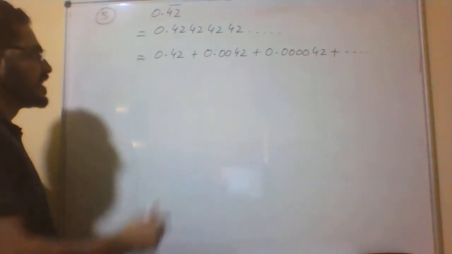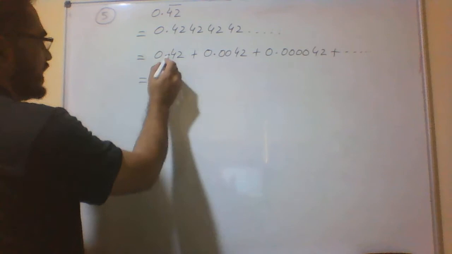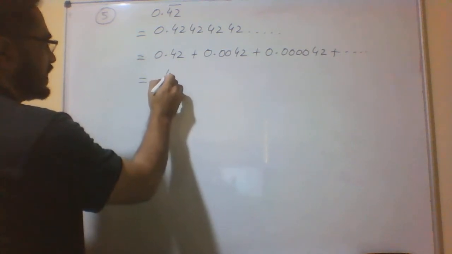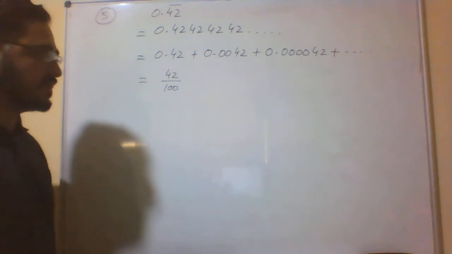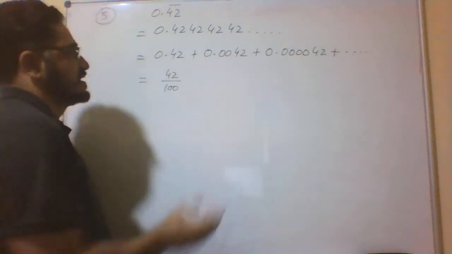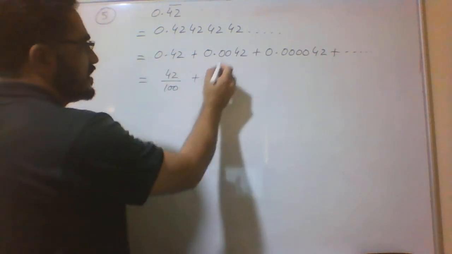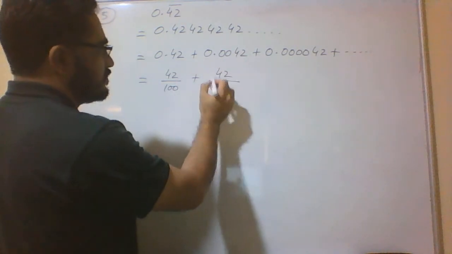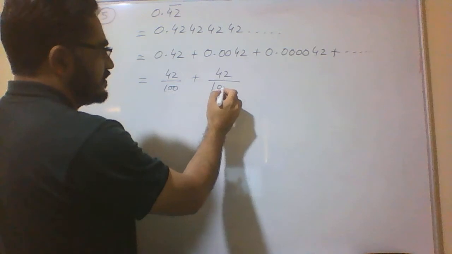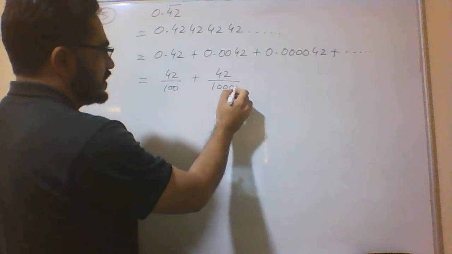Now this series we can write like this. This 0.42 we can write as 42 divided by 100, when we finish the decimal. This we can write as 42 divided by, after the decimal, four digits are here, 1 2 3 4.